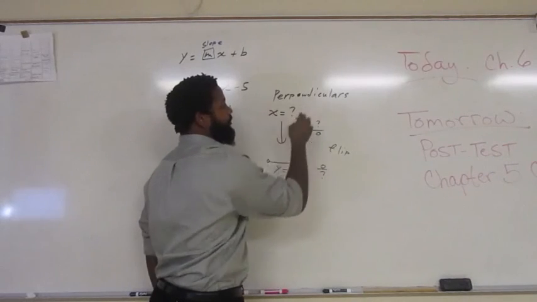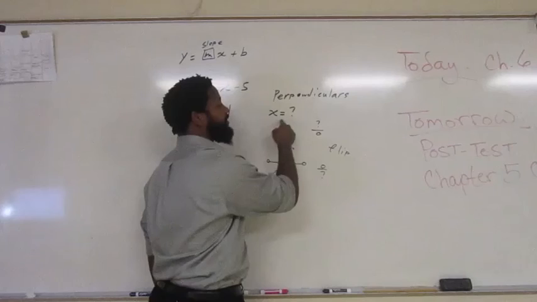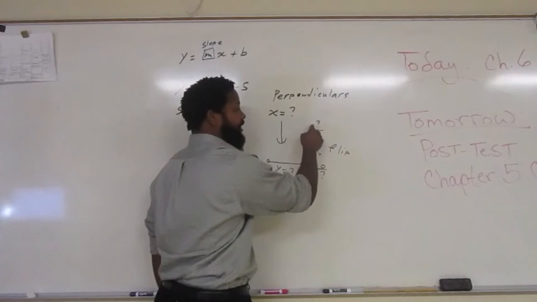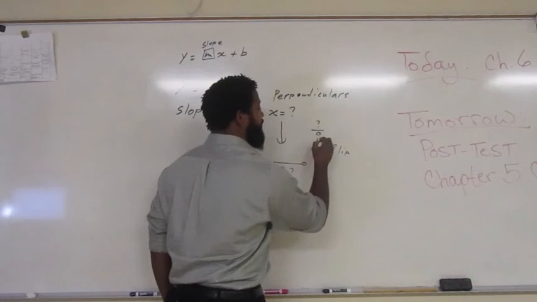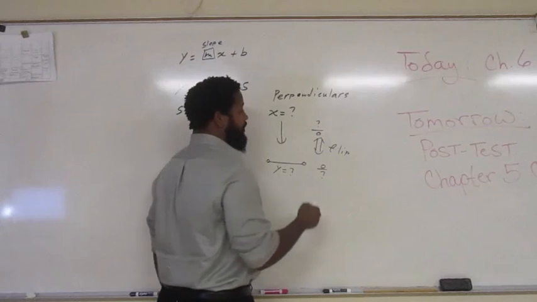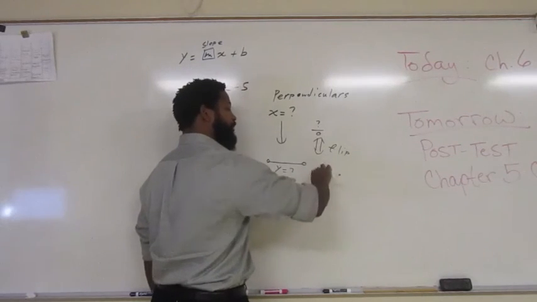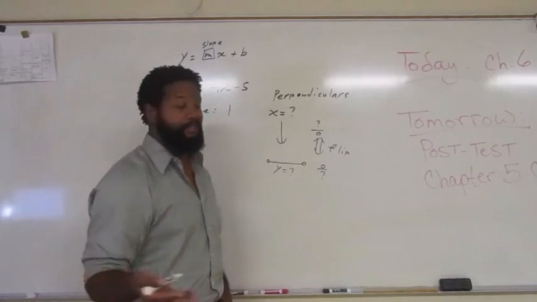When you're dealing with perpendicular slopes, if you have x is equal to whatever number, that's that number over 0. But in the spirit of changing and flipping, if you flip it, it will be 0 over that number, which is equal to 0, because 0 divided by anything is equal to 0.